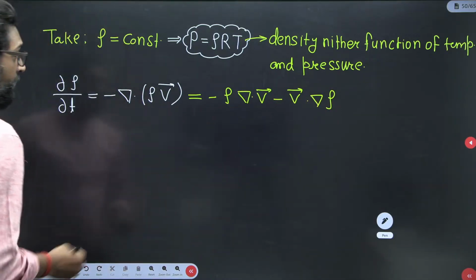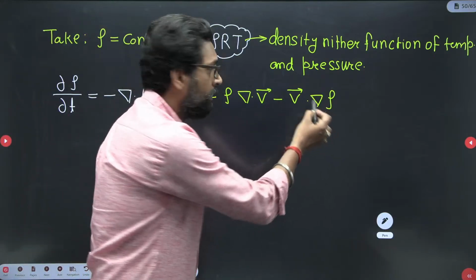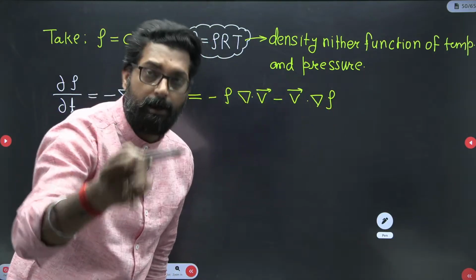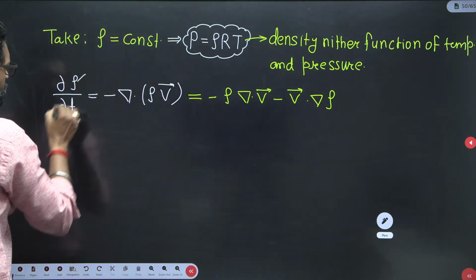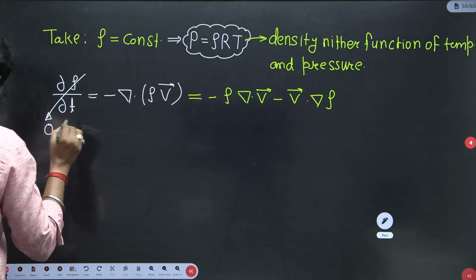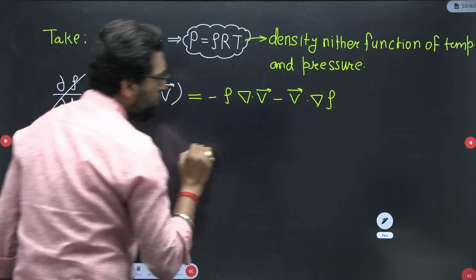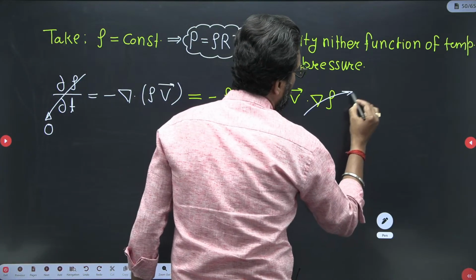Now my dear, if the density is constant, del rho is a function of x, y, z. So if the density is constant, this is 0. Why? Because this is 0. And also if the density is constant, del dot V is 0.